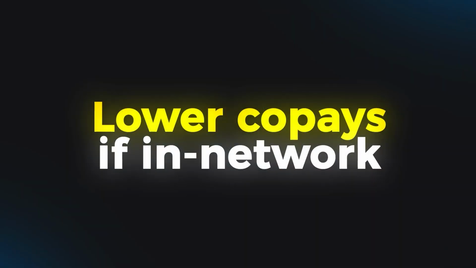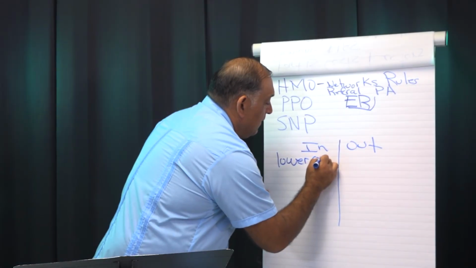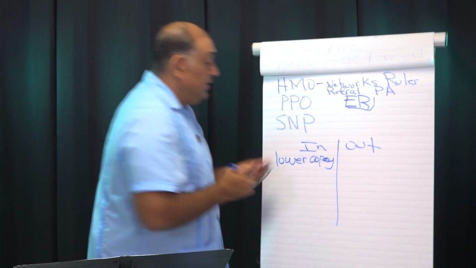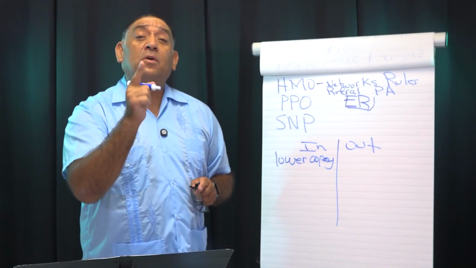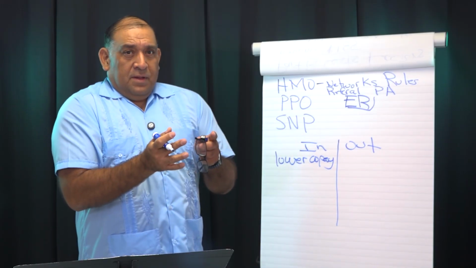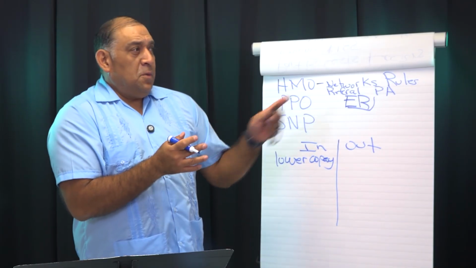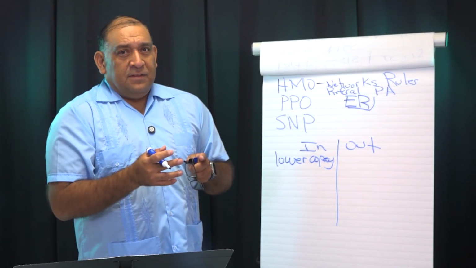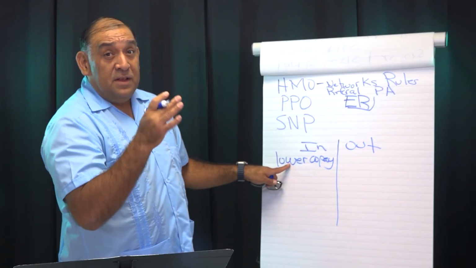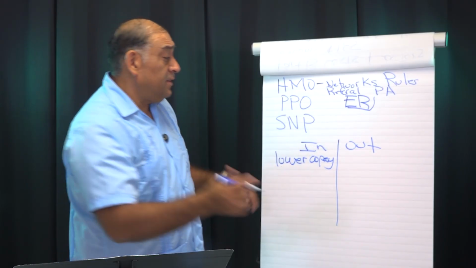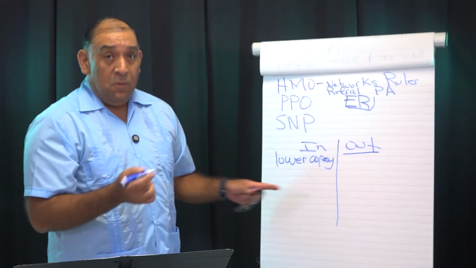You pay lower copays if your doctor is in the network. But the big advantage of a PPO is this. Let's say you're in South Texas and you want to go to Houston, Texas, and the specialist you want to see is out of network. Well, guess what?